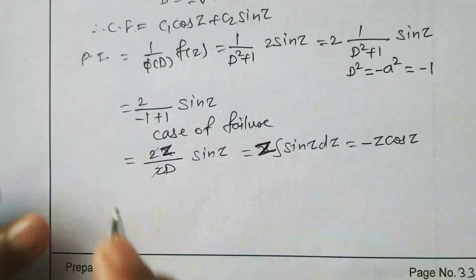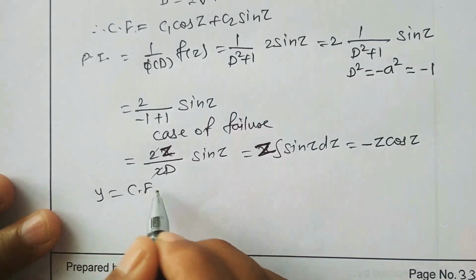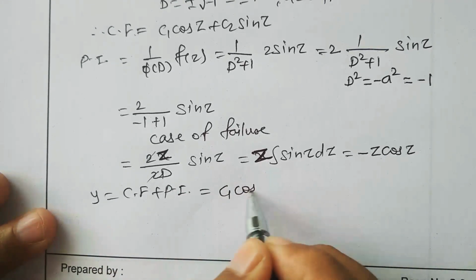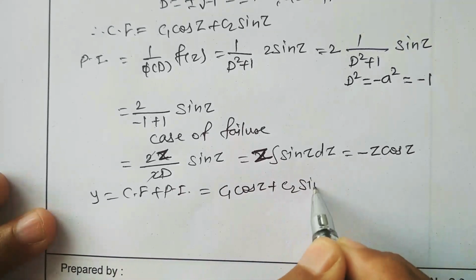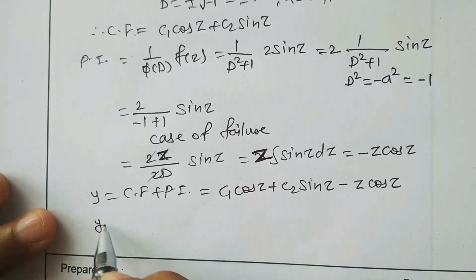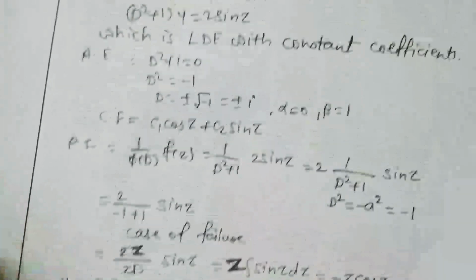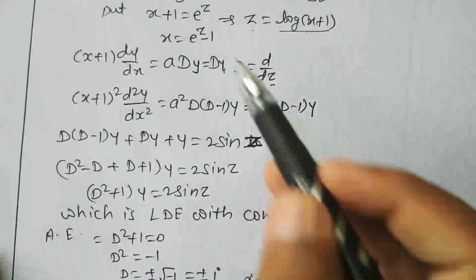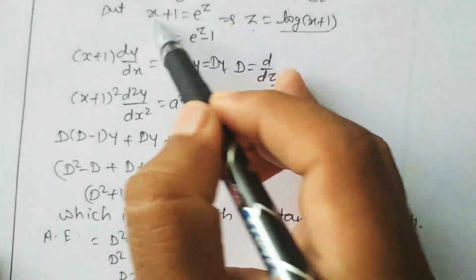So what is the final answer? y = CF + PI. CF is C1 cos z + C2 sin z and PI is -z cos z. Resubstituting the value of z, which is log(x+1), or we can also use the substitution e^z = x+1.